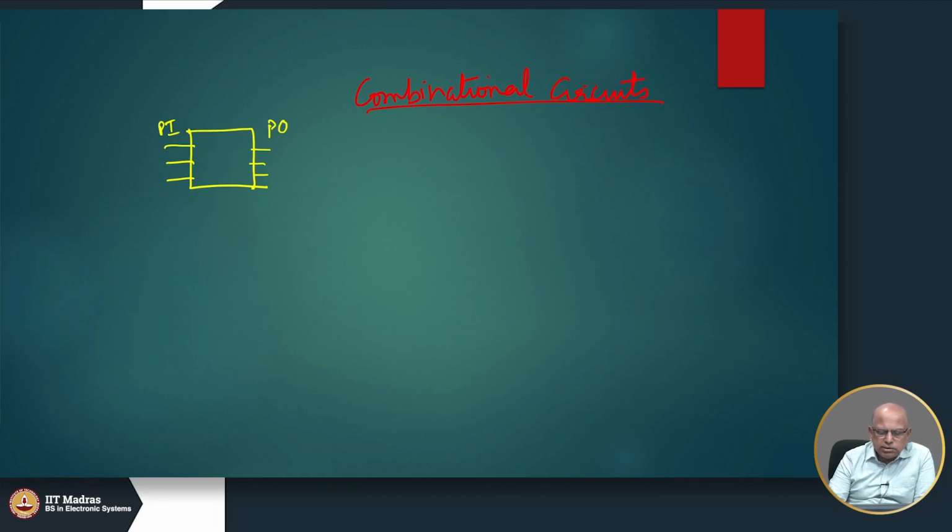Testing combinational circuits, I have told you, is a challenge by itself. There is no efficient algorithm, frankly speaking. There are no polynomial time algorithms. I think I have mentioned this before.